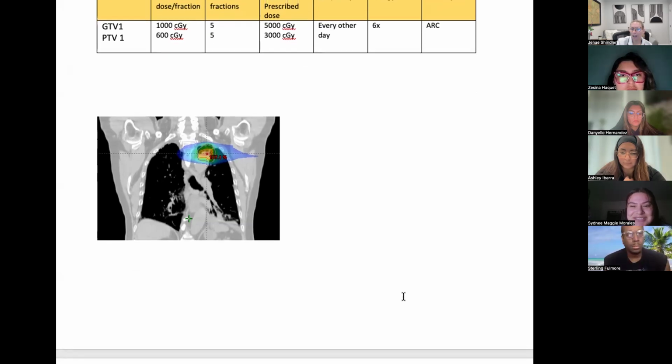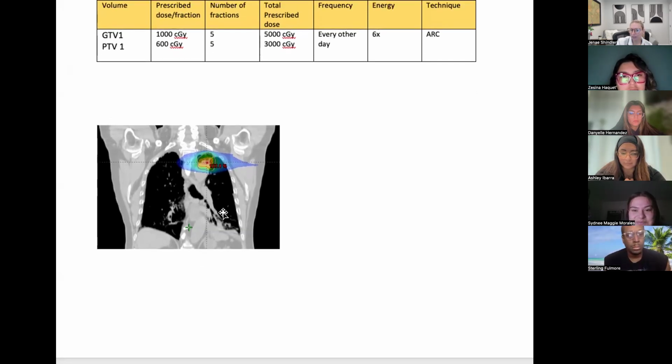Things like that. And specifically, let's say this was a tumor, it's not, but let's say it is, and I knew it was going to move a lot. I would gate this to make sure there wasn't a lot of movement down here. Here, there's less movement, but there still can be some, and maybe the doctor wanted to really tighten up his margin, specifically because you can see the aorta right here.